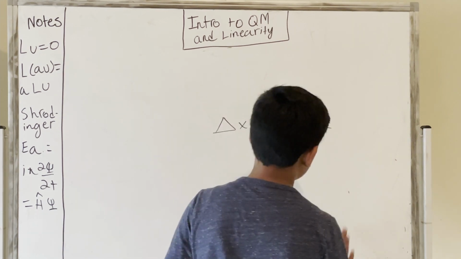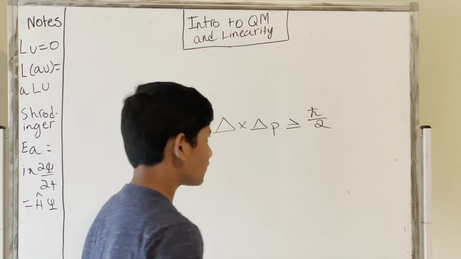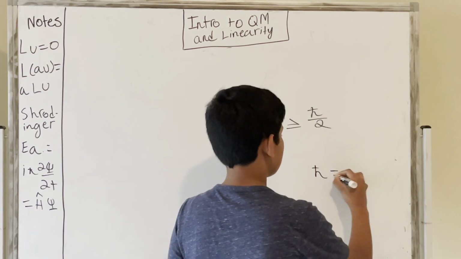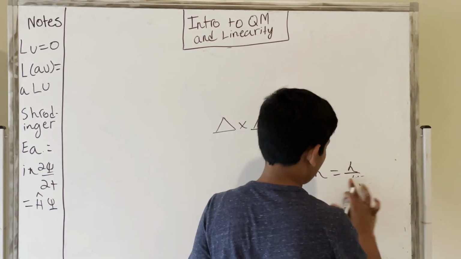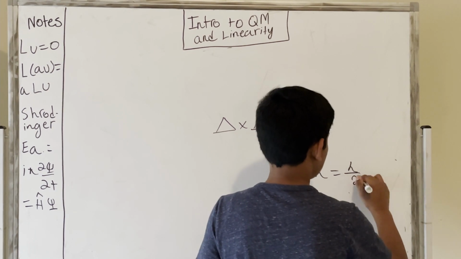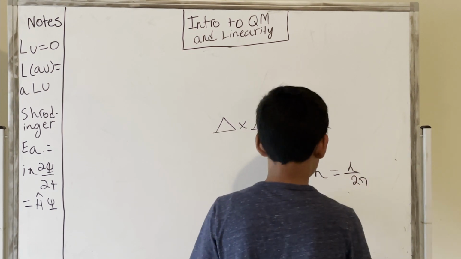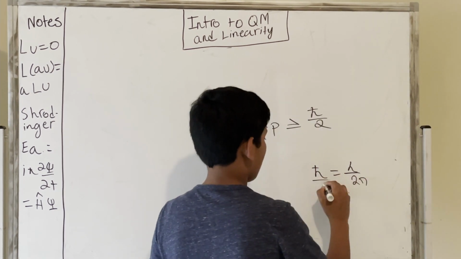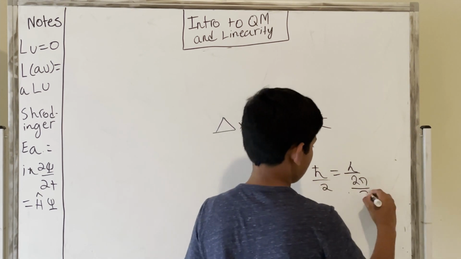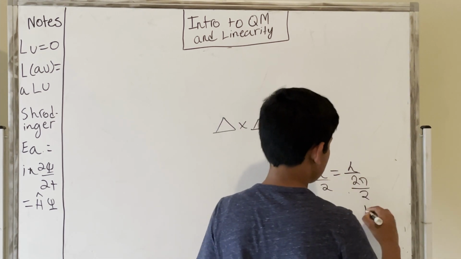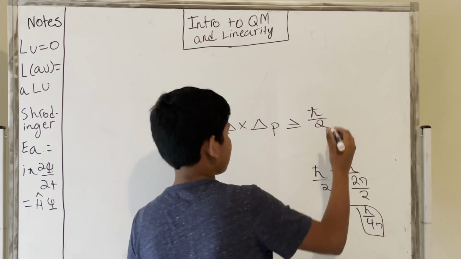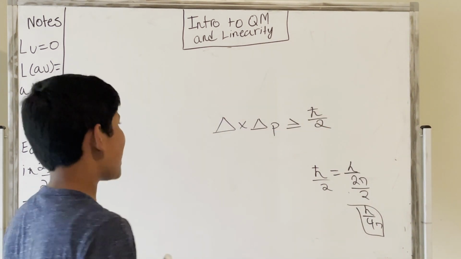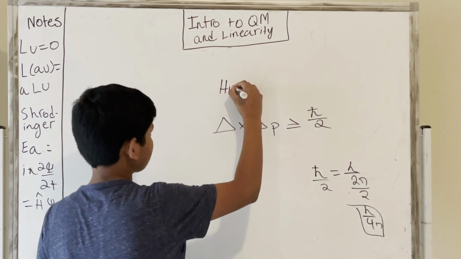What is h bar? Well, h bar essentially is just h over 2 pi. And when we do h bar over 2, we multiply 2 and 2 to get h over 4 pi, which is essentially just the same as that. So this essentially is Heisenberg's uncertainty principle.